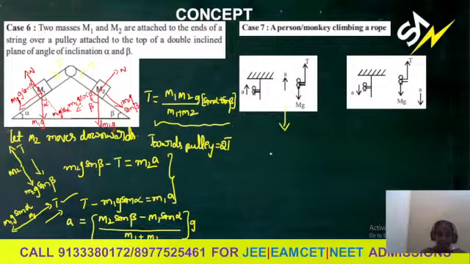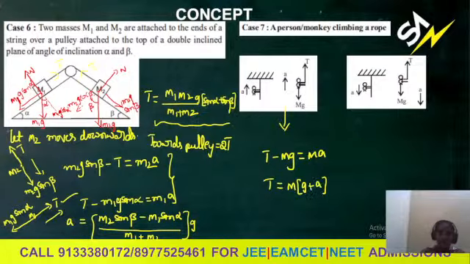In this case, we can write the resultant force in this first situation as T minus mg is equal to ma. So tension along the rope, he is climbing up the rope, will be equal to m into (g plus a).